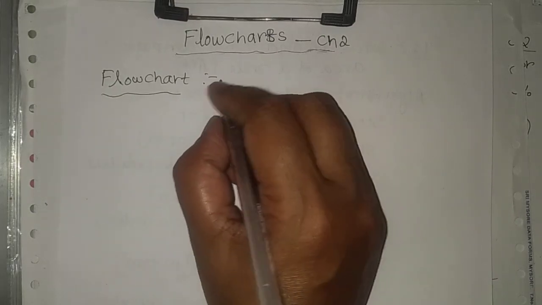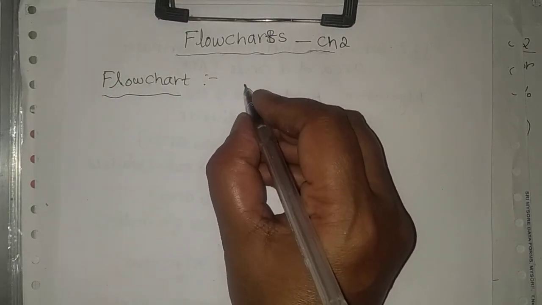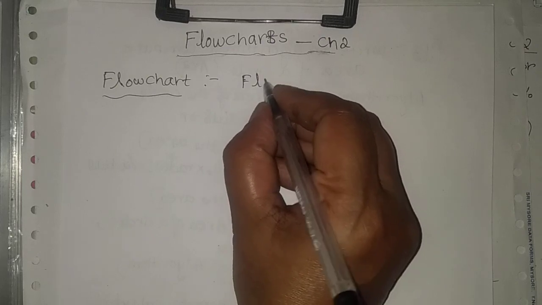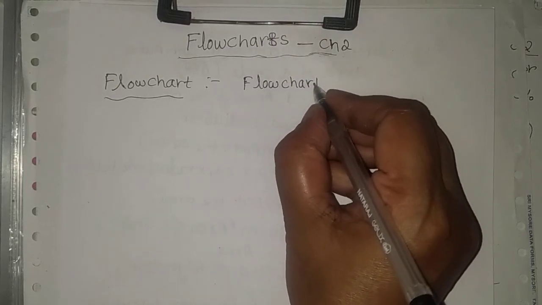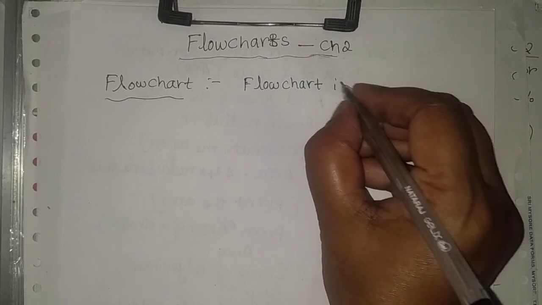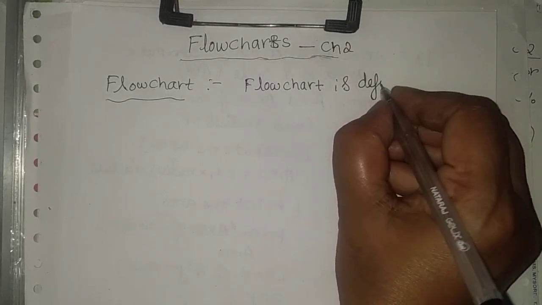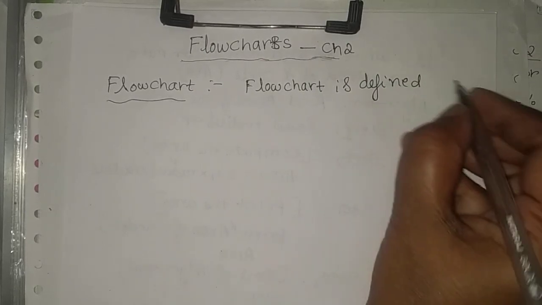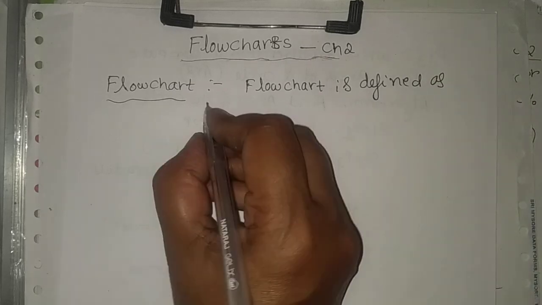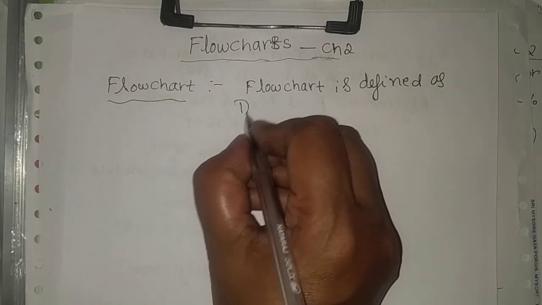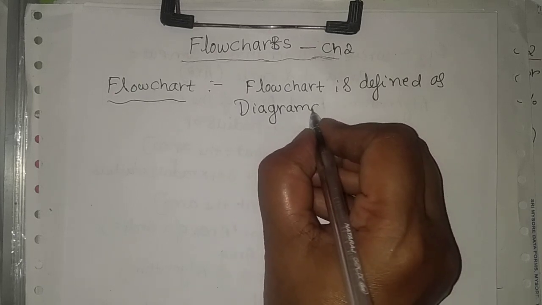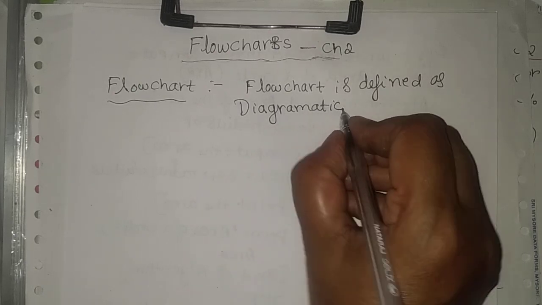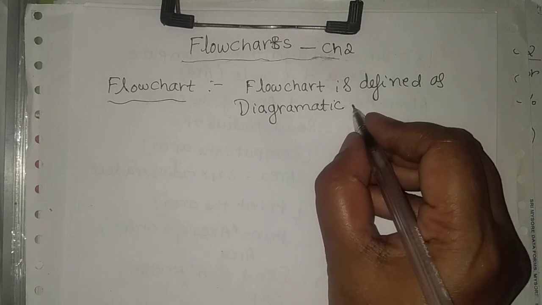So the flowchart, I'll just write. It's a pictorial representation of an algorithm. Flowchart is defined as diagrammatic, or that is a picture form of an algorithm.